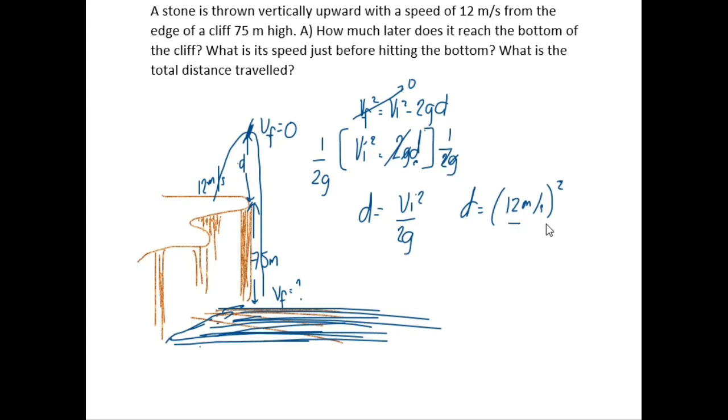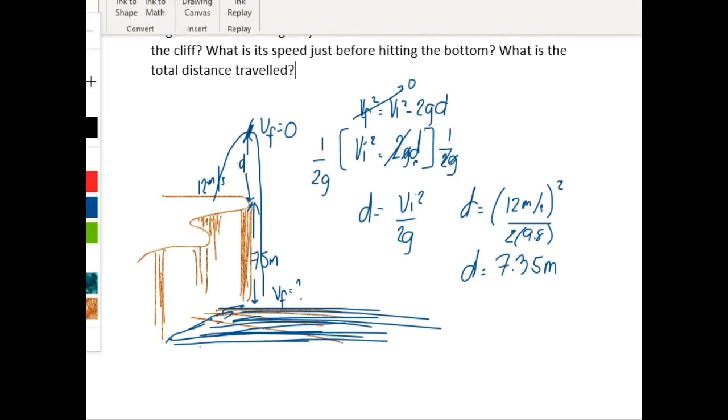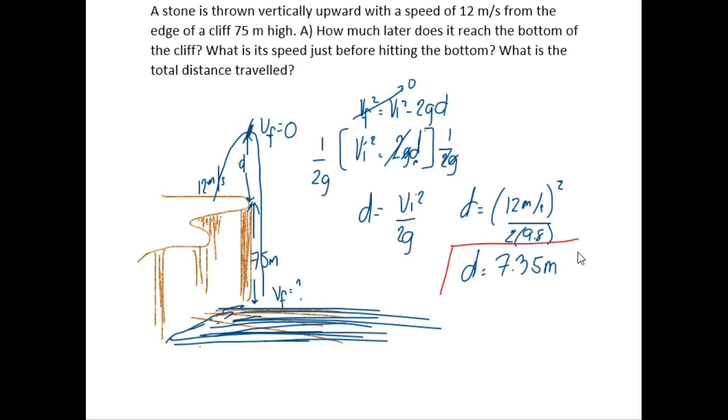Then you square that, divided by 2 times 9.8. Our distance will become 7.35. So we have a distance of 7.35 meters. Take note of that.